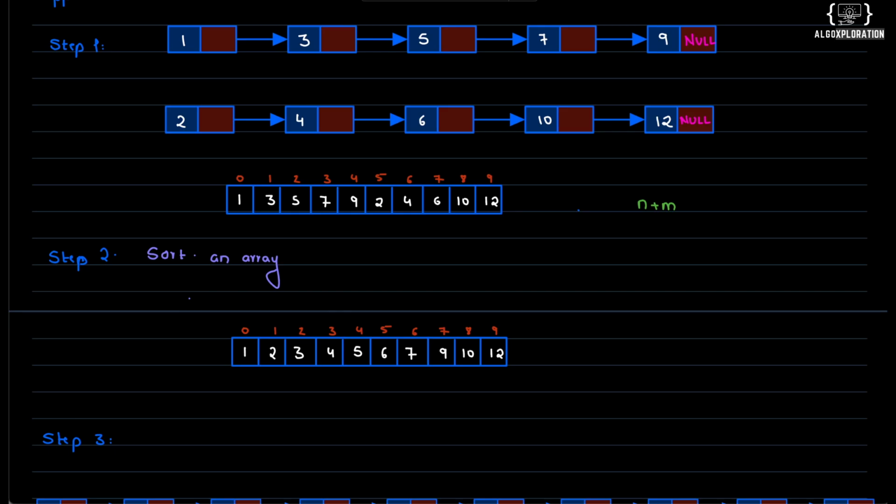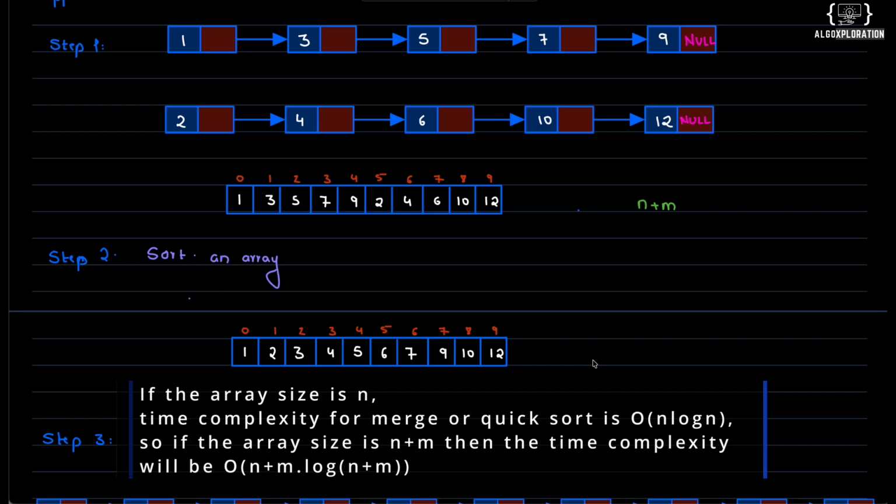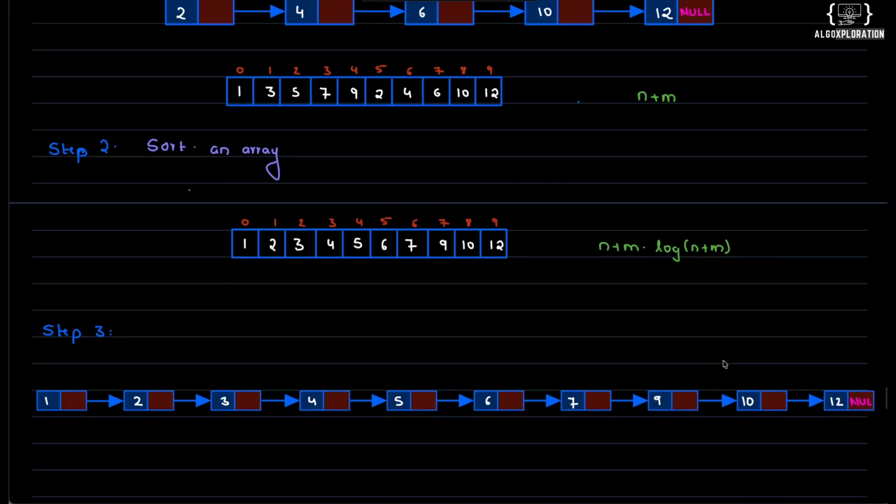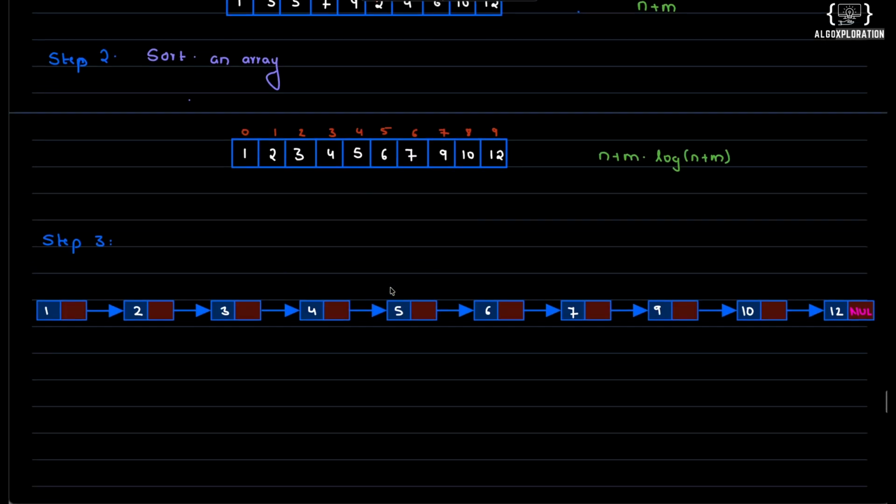Now after this they sort it using either quick sort or merge sort, so the time complexity will be (n plus m) times log of (n plus m). And after sorting they create the linked list from this array, so the time complexity will be n plus m.